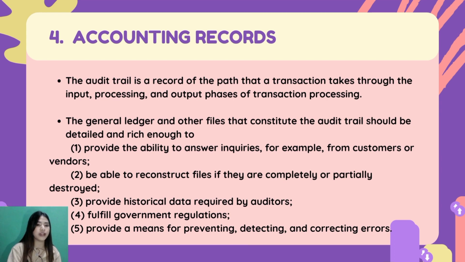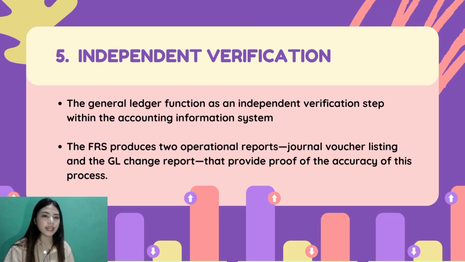So, the COSO framework underscores the importance of maintaining proper documentation, timely recording, and accurate representation of transactions in the organization's financial records. And the last COSO control issue is the independent verification. So, independent verification involves an objective assessment of internal control processes and their effectiveness.